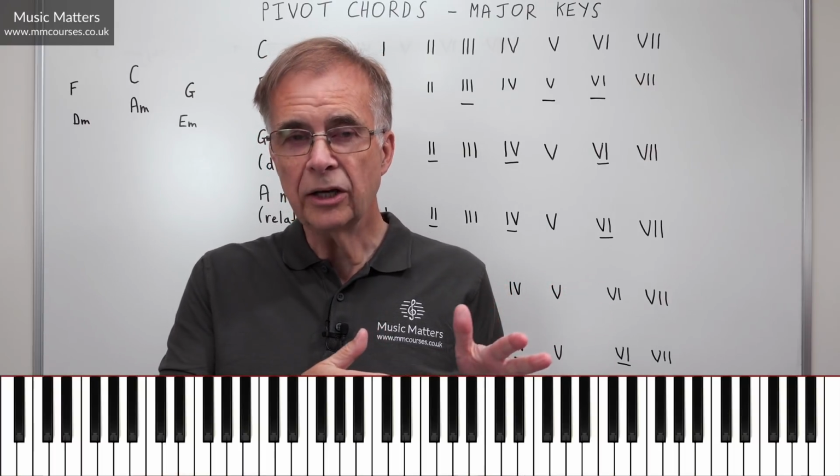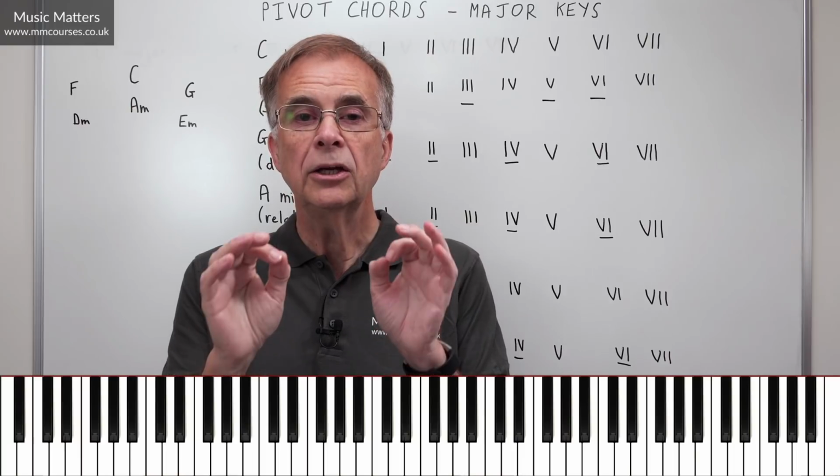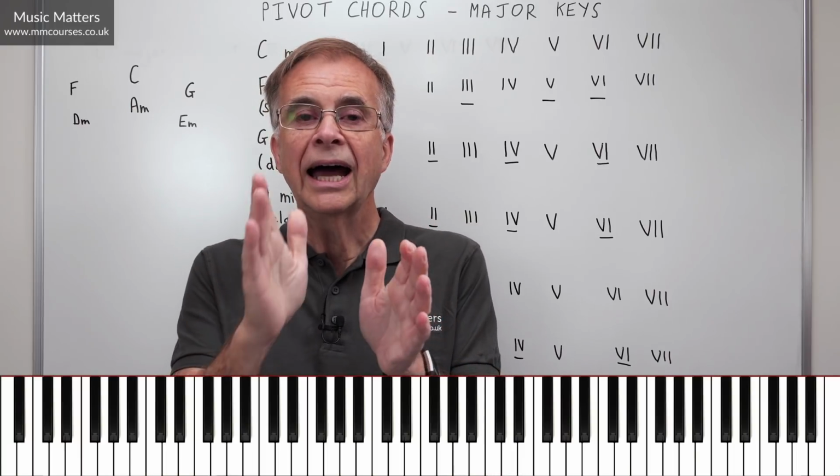So if you're in C major, for example, and you want to go to G major, you go through all the C major chords and you think which of these chords also appear in G major, because any of those chords could be used as a pivot chord. And the idea is that you'll start your piece of music in C major, you choose your pivot chord, and from that point onwards, you carry on in G major.